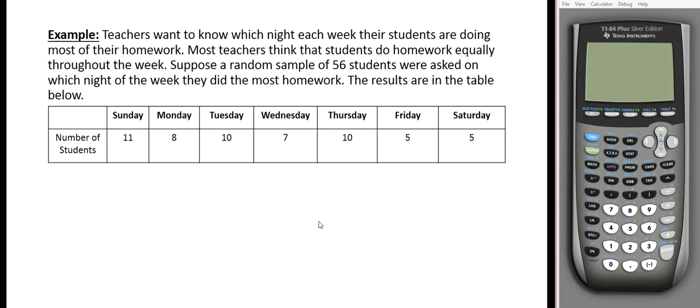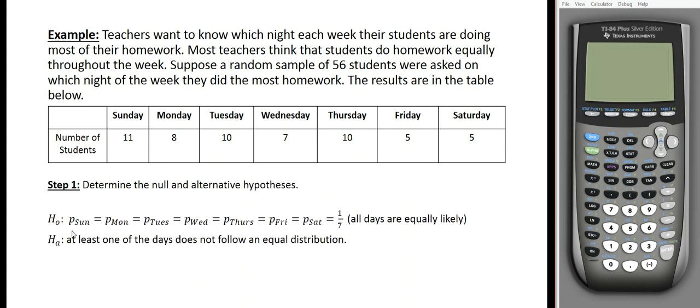Okay, so following our steps in hypothesis testing, step 1, determine the null and alternative hypotheses. Teachers think that students do their homework equally throughout the week. So what we're looking at is the probability that you do your homework Sunday is the same as Monday, is the same as Tuesday, and so on.